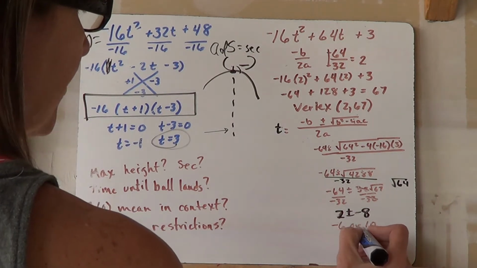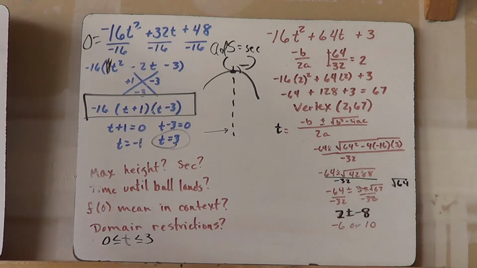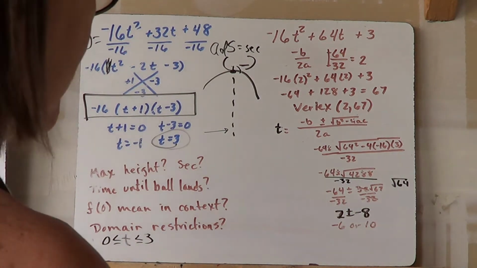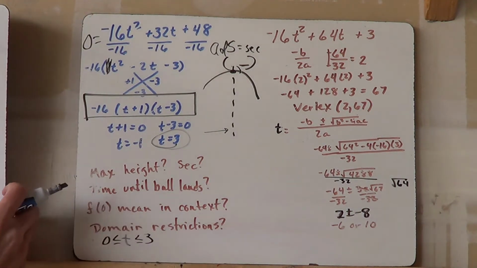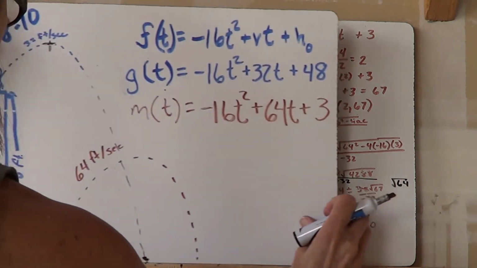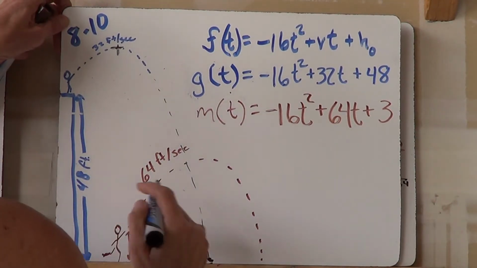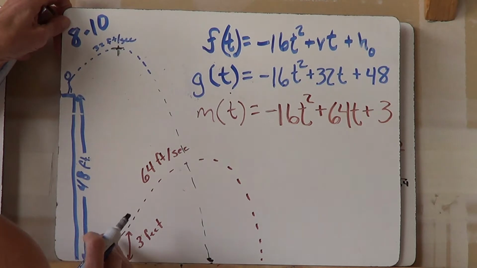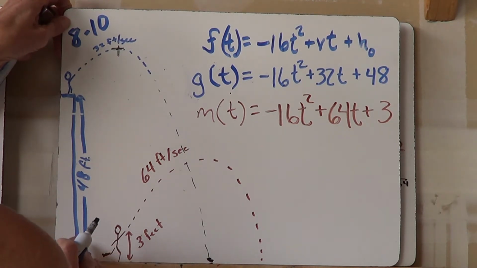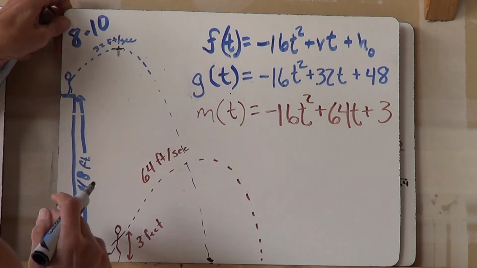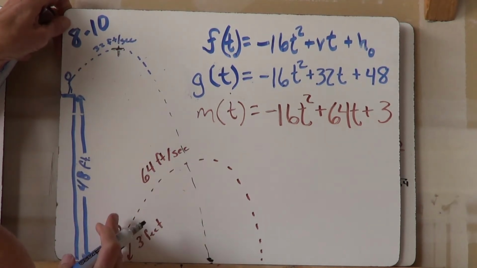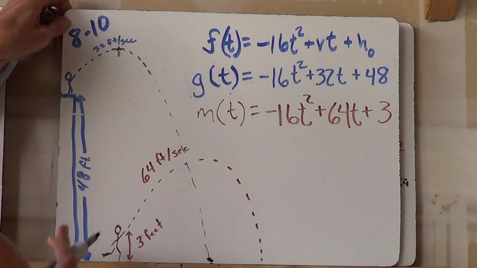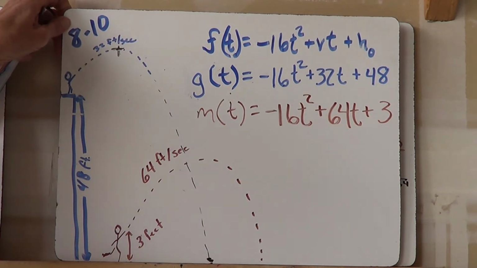So it's a negative 6 or a positive 10 seconds. Okay? So the negative, of course, comes from back this way. The positive goes that way. And I would say that he was actually throwing right at the edge of the cliff if you're looking at your XY axis. Otherwise, it wouldn't make sense to have him moved over. Okay, I just couldn't draw him that way.